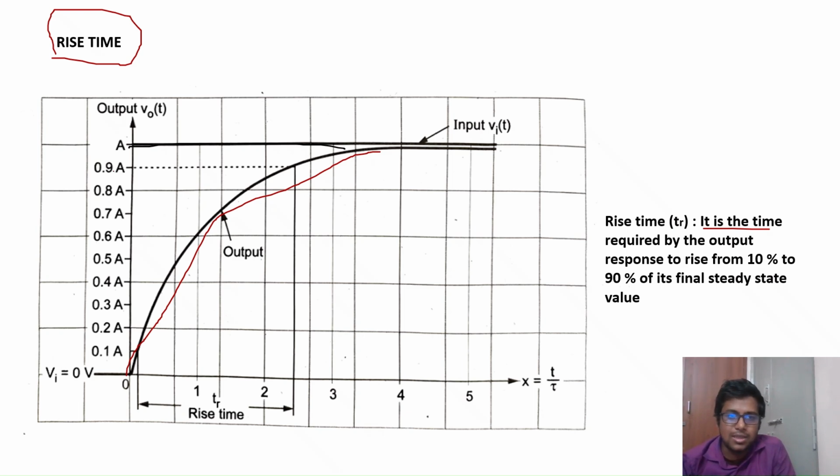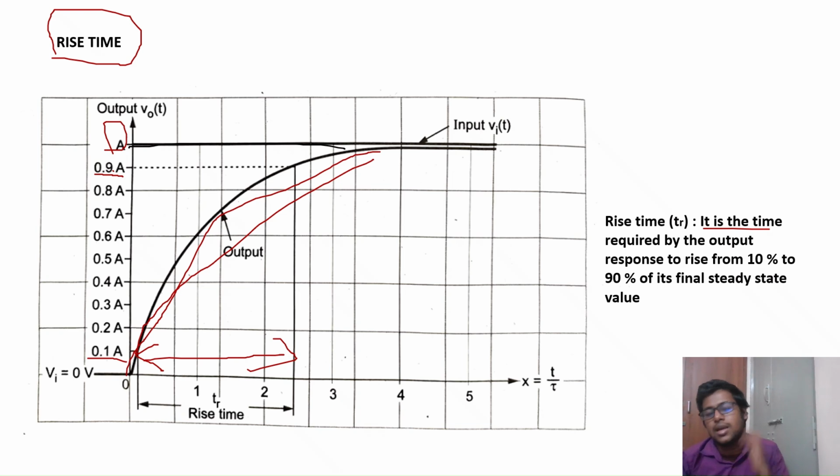Here the steady state value is your applied input voltage A. So 0.1A means it is 10% of the steady state value, and 0.9A means it is 90% of the final steady state value. So the rise time is how much time is required for the response to jump from 0.1A, that is 10%, to 90%. This time difference you need to calculate, and that is the rise time. We'll see how we can calculate this rise time in the upcoming slide.